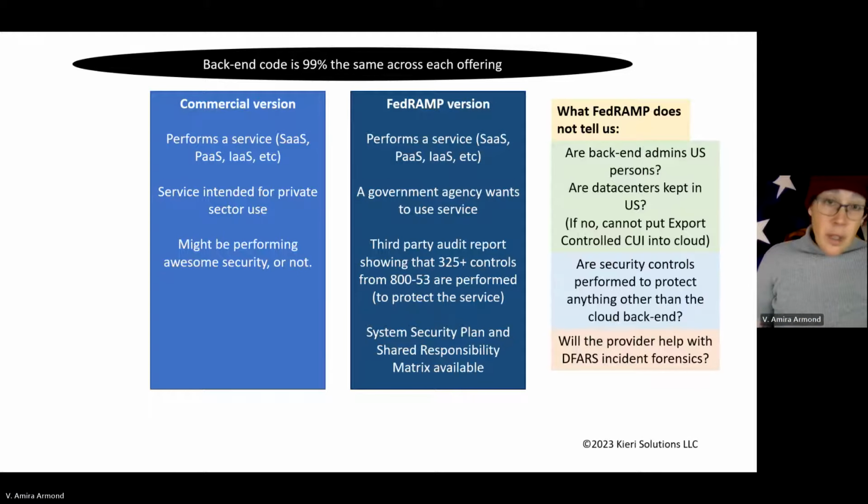So in order for a cloud to get into this FedRAMP thing and be allowed to sell their services to the government, the first requirement is that it's truly a cloud, right? And most of us know what a cloud means, but essentially there's back-end code, right?